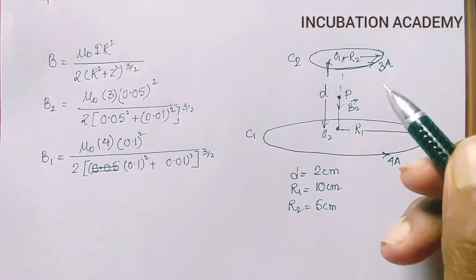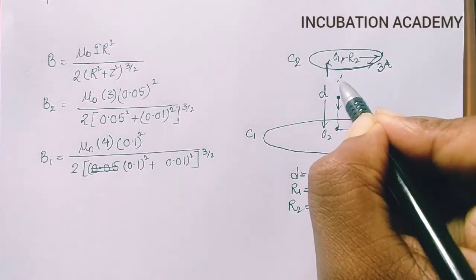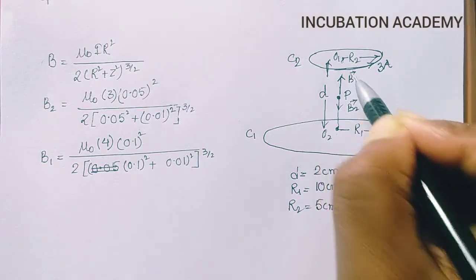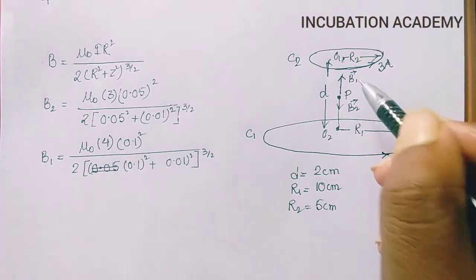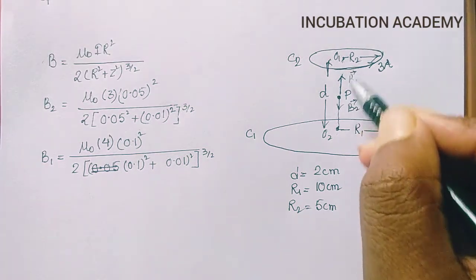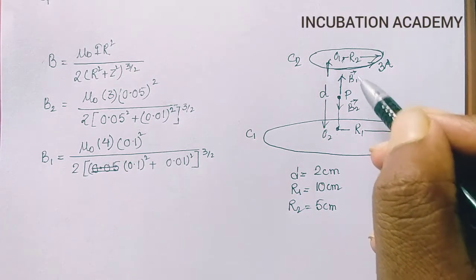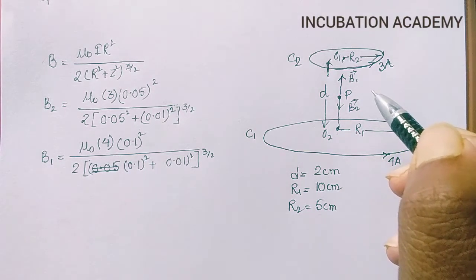Now the direction of the magnetic field, according to the right hand thumb rule, is along the direction of B1. So B1 and B2 are completely opposite to each other.